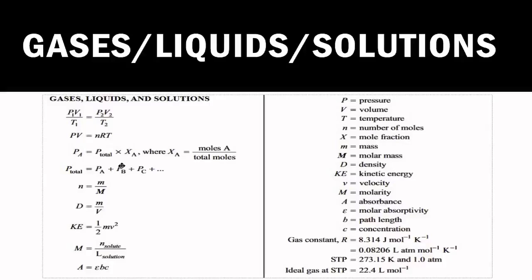So it makes sense that multiplying P total by the ratio would get us PA, because P total is just all of them added together.